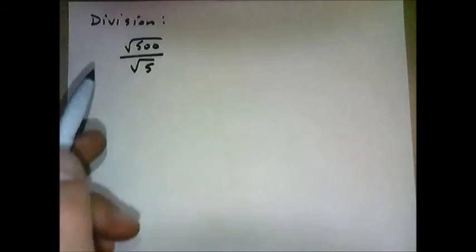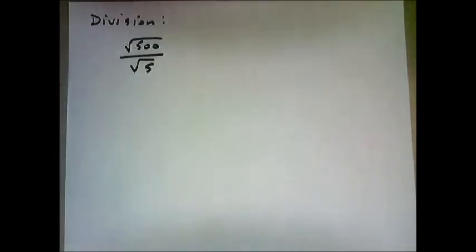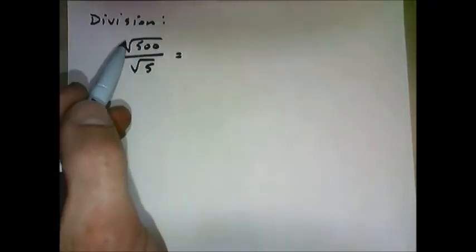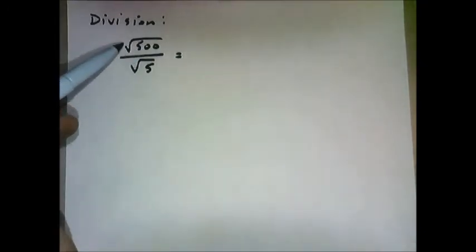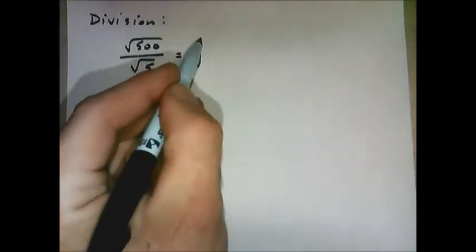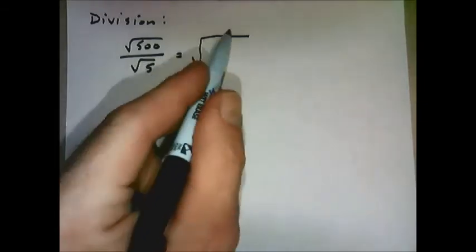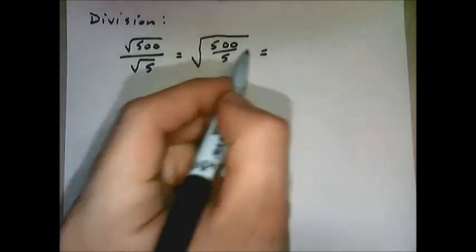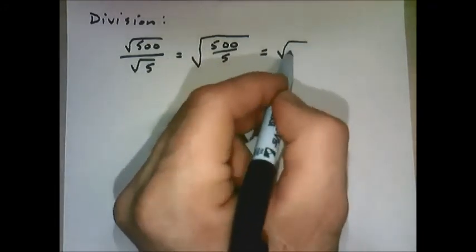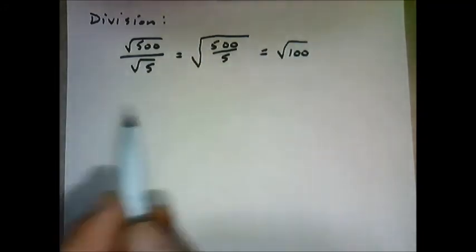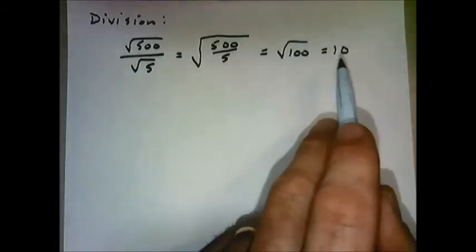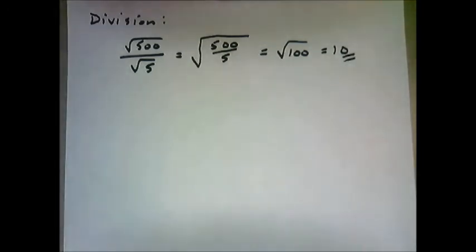Here, if I take the square root of 500 divided by the square root of 5, well, if I have a radical divided by a radical and my indices are the same, in this case 2, I can think of this as the larger radical of 500 divided by 5. We know 500 divided by 5 is 100, and the square root of 100 is 10. So our final answer would be 10.